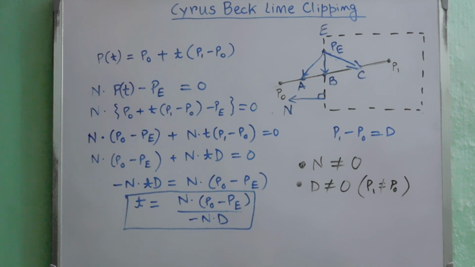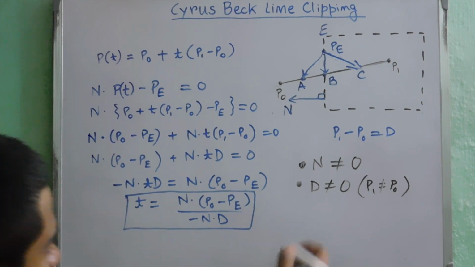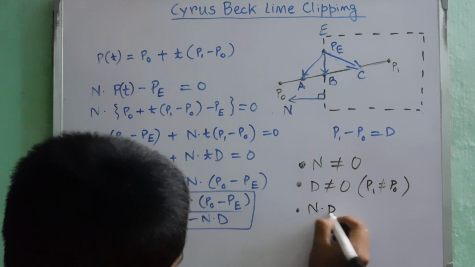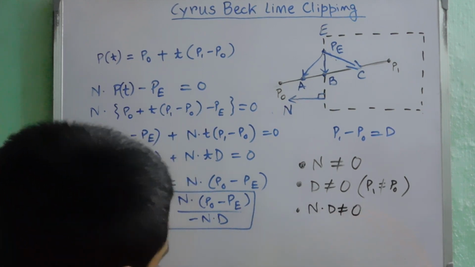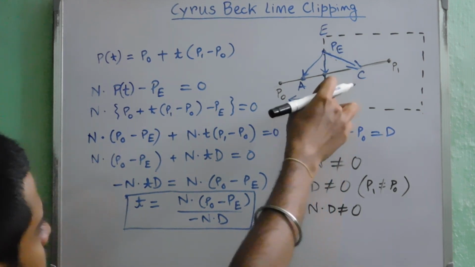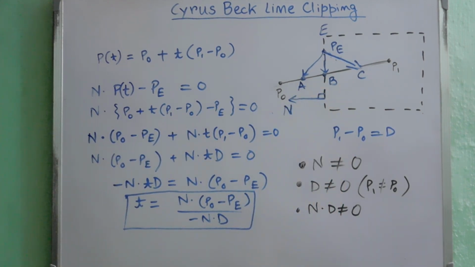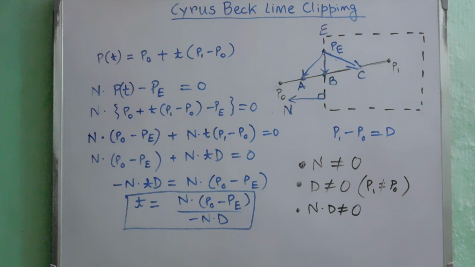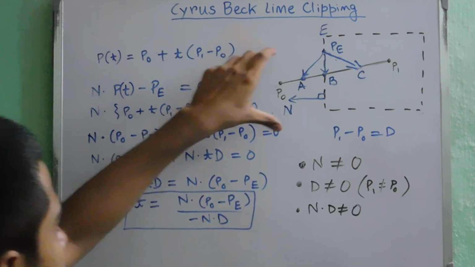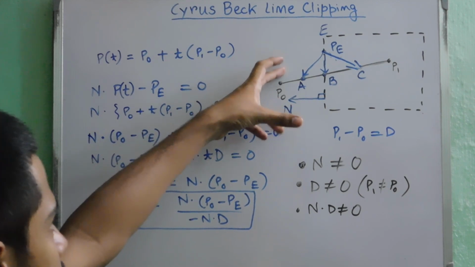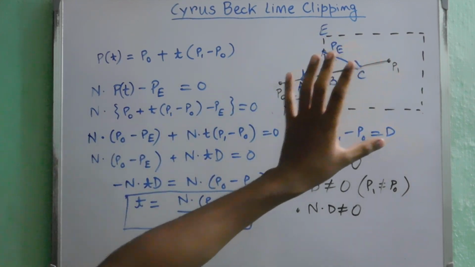Now the third and final condition is N dot D not equal to 0, which means that the line P0P1 can't be parallel to the edge E. If the line becomes parallel to the edge E, either it will remain completely outside the boundary or completely inside the boundary.